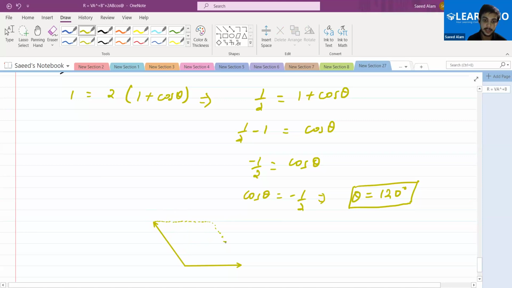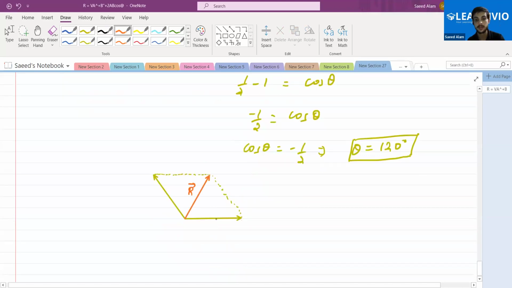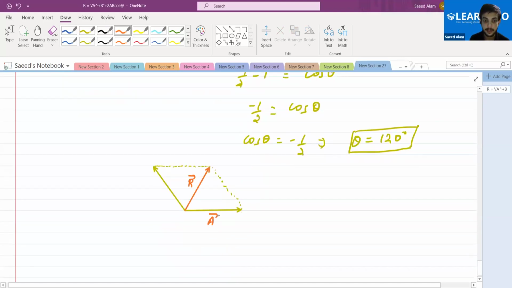Here we have just completed the parallelogram, and if we join this particular thing, this will be R, and it will have the same magnitude. Yes or no? Yes.